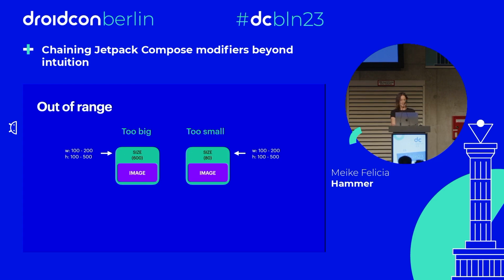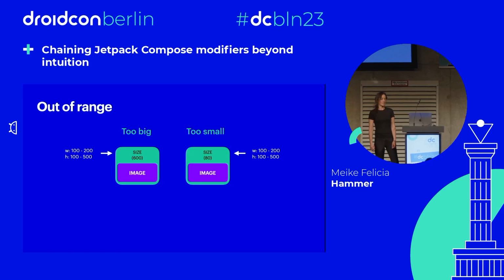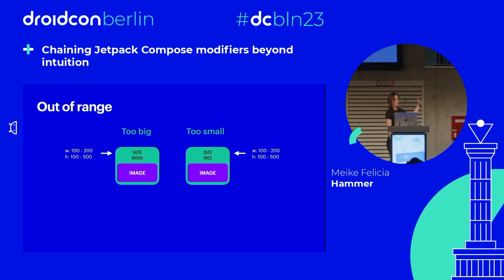Back to some examples after all the theory. What happens if you define a size which is out of range of the incoming constraints? Imagine you have a width of 100 to 200 and a height of 100 to 500, but want to draw something like an image with the size of 600. What would happen then?